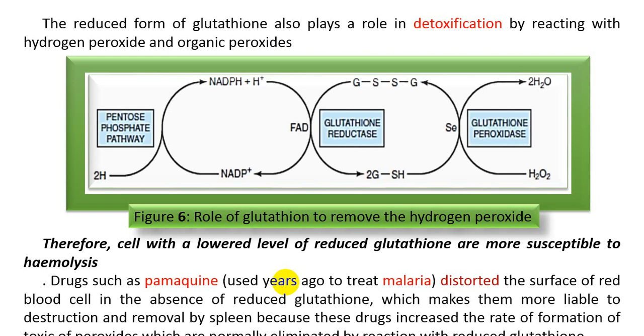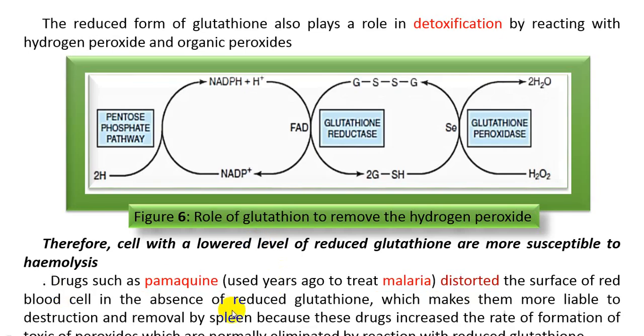Okay, this is a very simple example of the importance of the reduced form of the glutathione. These drugs will make a lot of toxic peroxides, and by this diagram will reduce the amount of reduced glutathione.